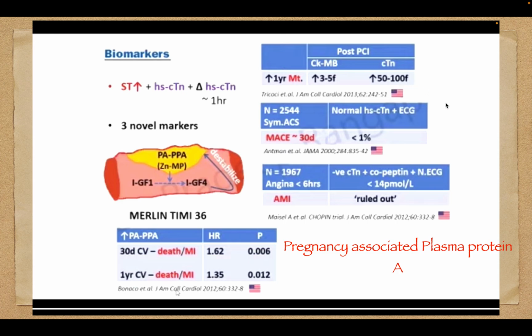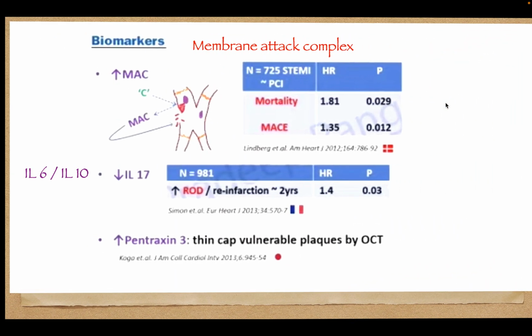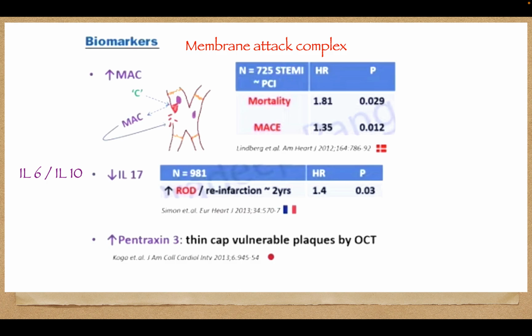So this definitely has a bearing on the prognostication of ACS. Along with that is MAC, or membrane attack complex, which is released in the blood with myocardial injury. As you could see, this is a myocyte, along with a decrease in IL-17 and an increase in pentraxin.